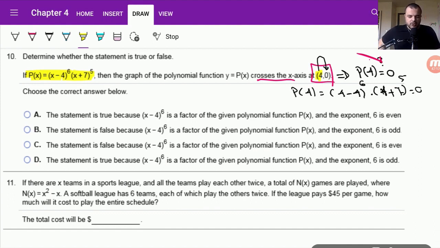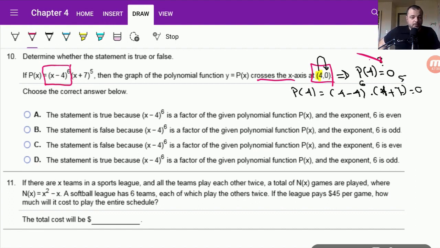What we need is to look at the degree. Now we have 2 factors here, right? And clearly we are speaking about the first factor, because the question asks about this 0, the number 4.